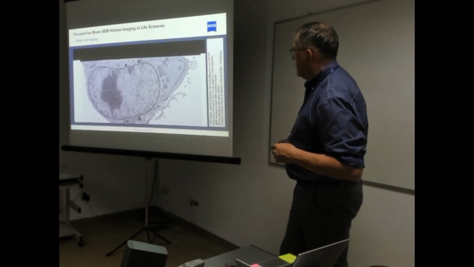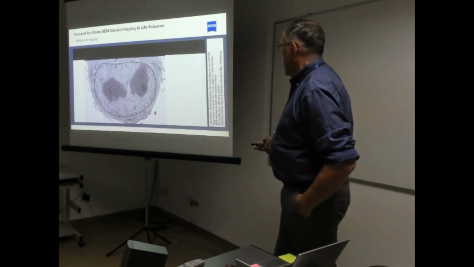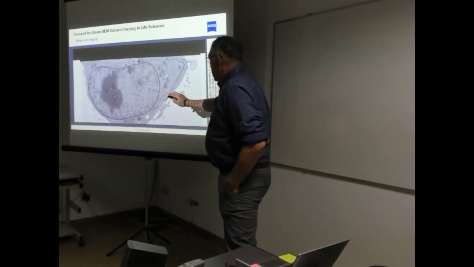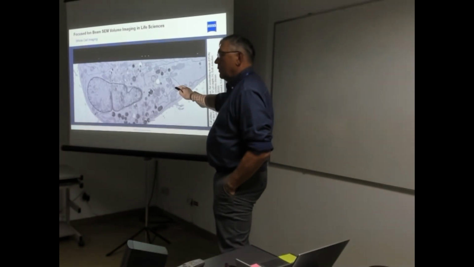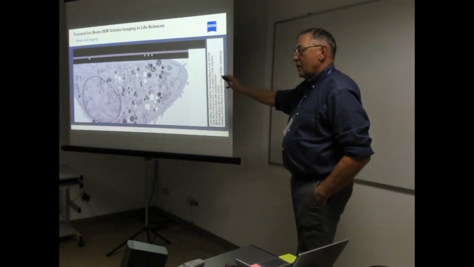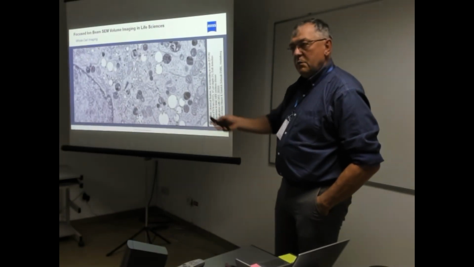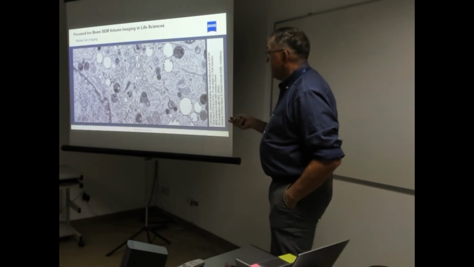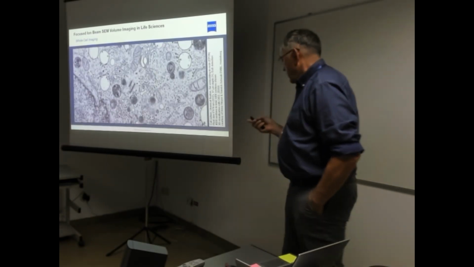Let's skip over this. We can do both imaging with this. The time for such a cell is also in the range of 20 to 30 hours for this kind of volume of a cell, ablation and imaging. But in the end, we have the resolution which is required to see all the structures in here.